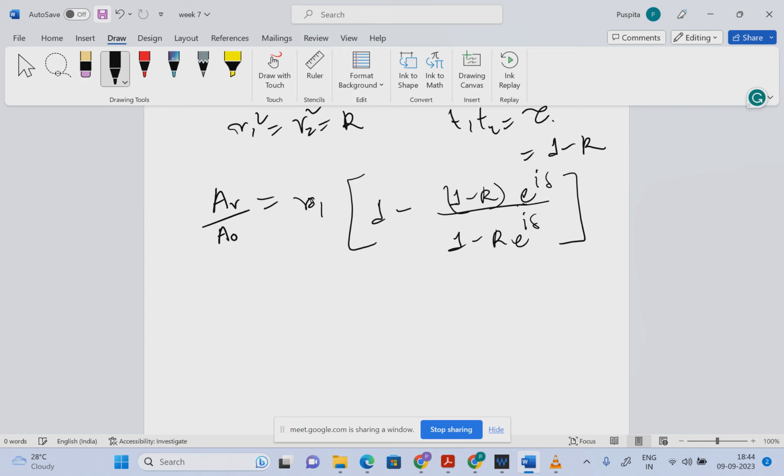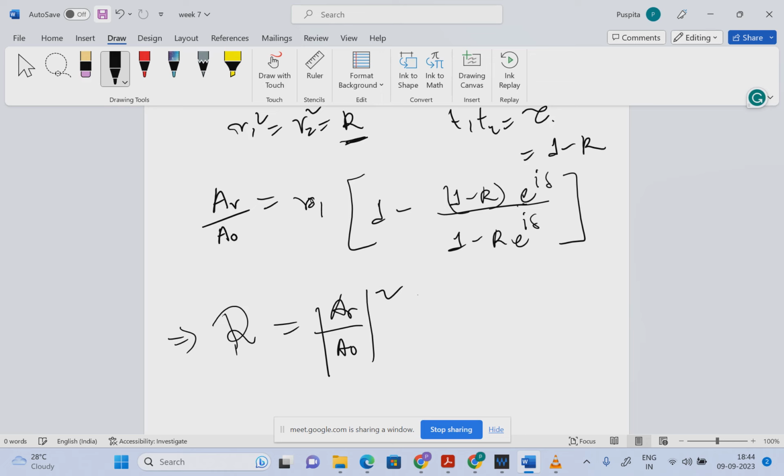Be careful: here it is 1 minus R, the whole in the first bracket, and the whole thing is being multiplied by e to the power i delta, but here only R is being multiplied by e to the power i delta. This can be written as the reflectivity, which is AR by A naught whole square.